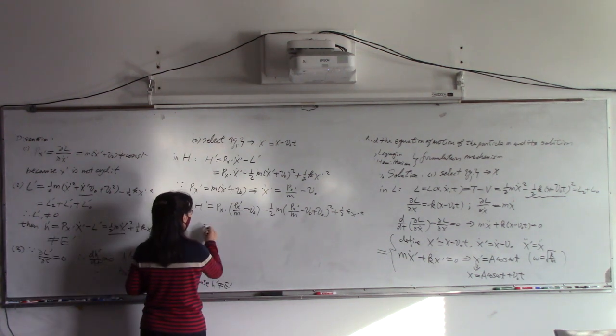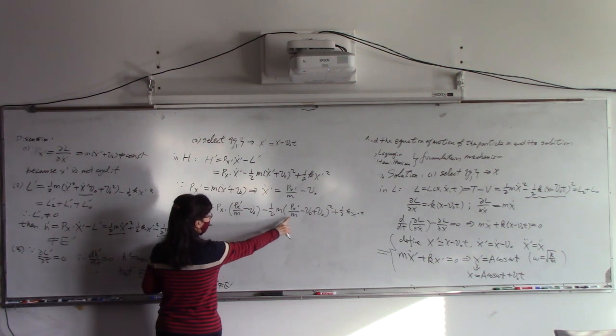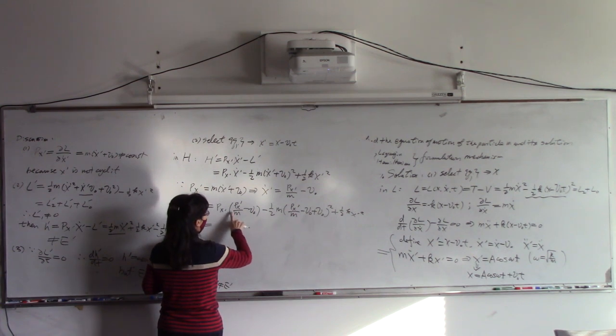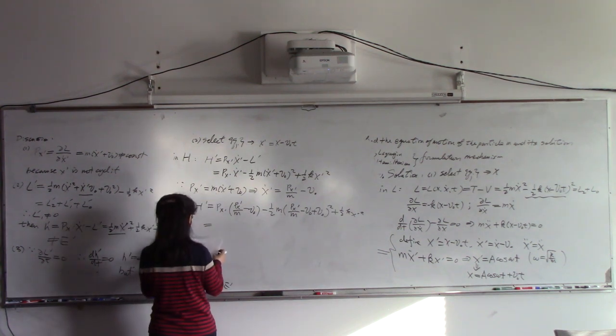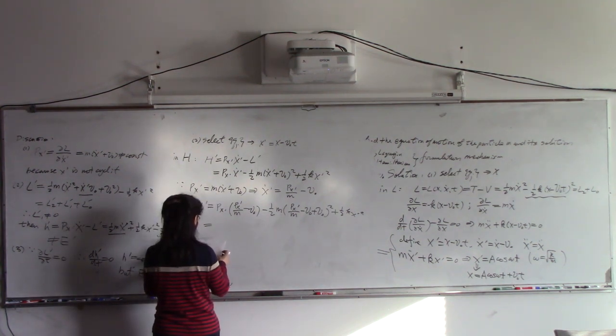Then you organize, you will see here we have this term, so we have a half. But here we have a cross product of px prime and v naught. Then we do not have that one. Let me put it down.